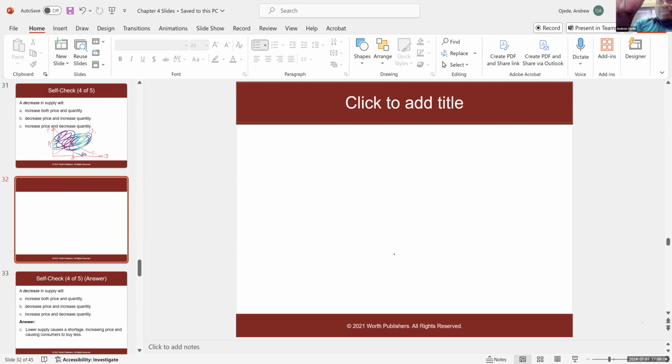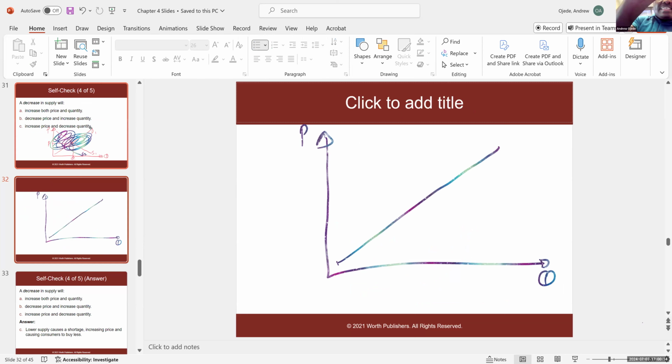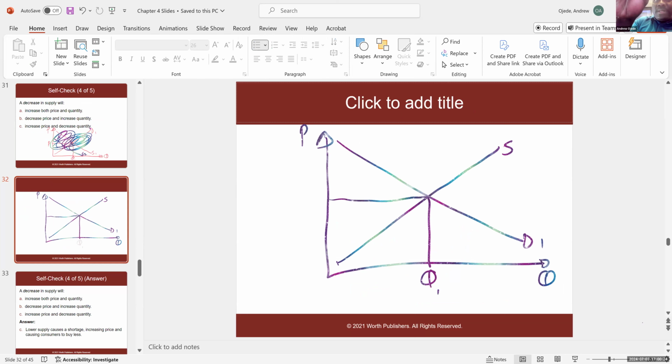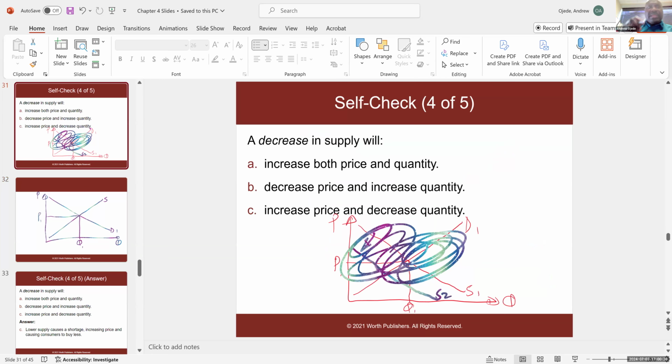We put price here, and quantity here. I labeled this D instead of S. The supply curve slopes upwards; the demand curve is the one that slopes downward. This was my initial equilibrium quantity, Q1, and my initial equilibrium price. Now suppose there's a decrease in supply.